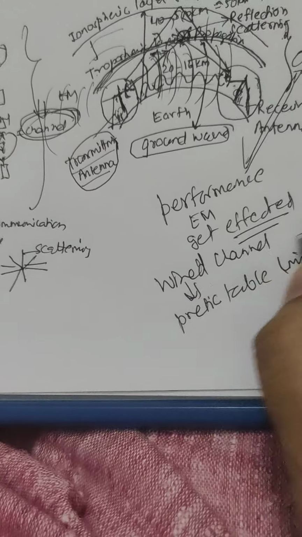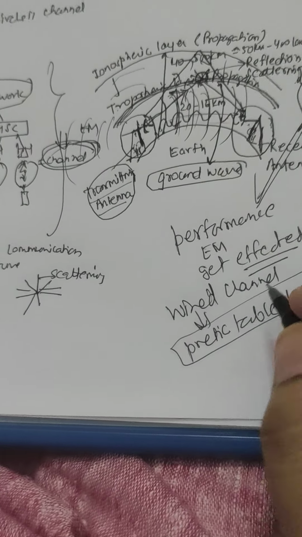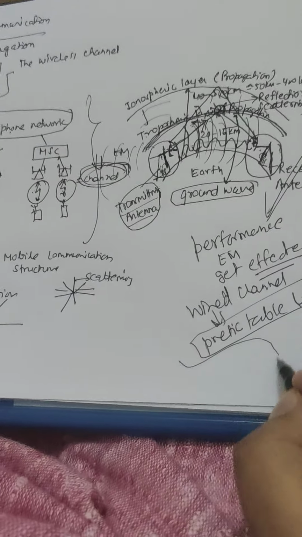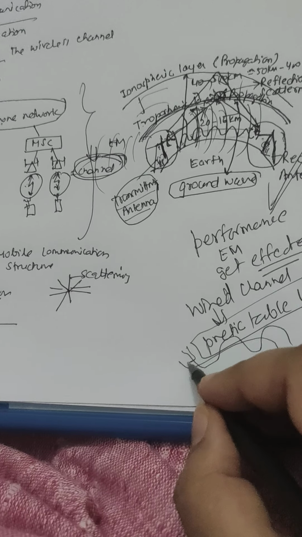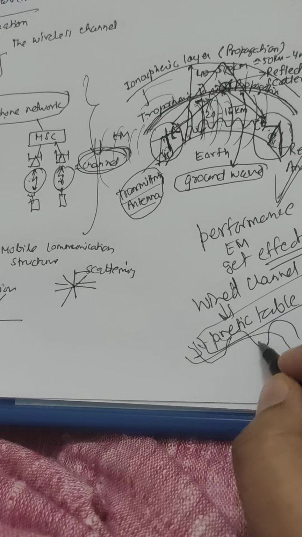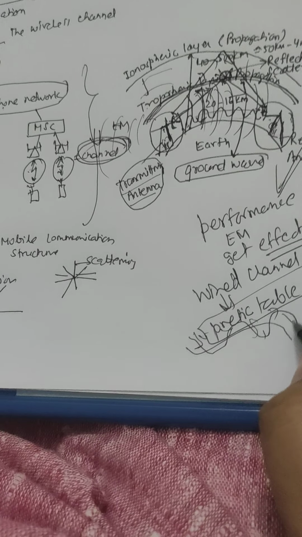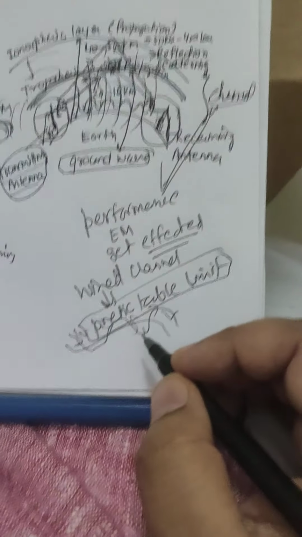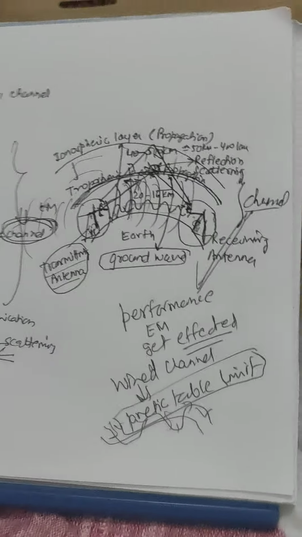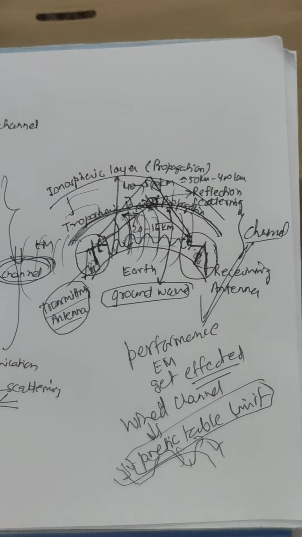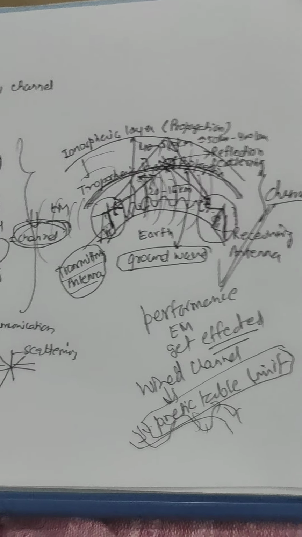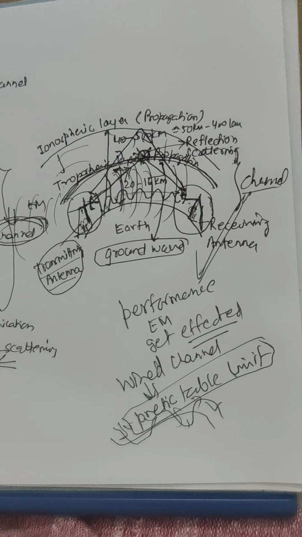We can predict. Two coaxial cables are twisted. The waves and the signals are going in this wire only. But in open space, at what angle, what time and what shape the waves are coming cannot be predicted. It cannot be determined.